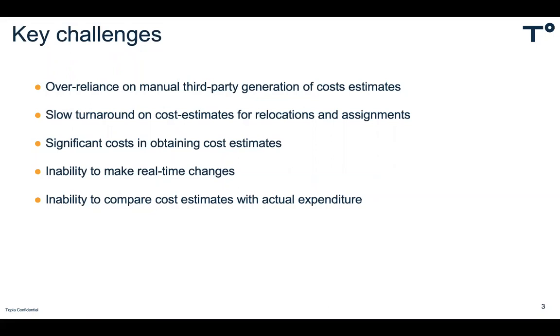So we see a lot of clients that either pay to fully outsource them or, like I said, work with a third-party tax provider to do the tax calculation piece, which is typically priced on a per estimate basis, meaning that every time you have to make a change, not only do you have to wait for it to be returned to you, but you also have to pay a fee with it.